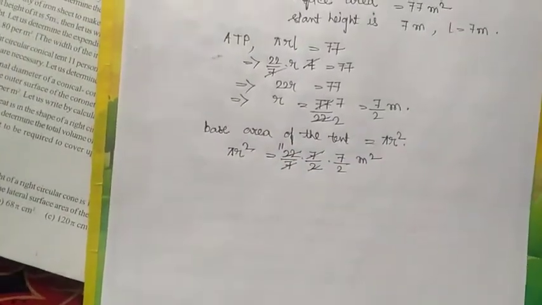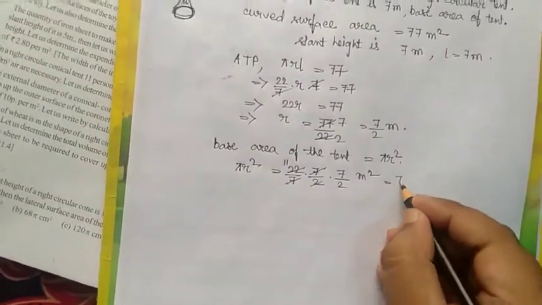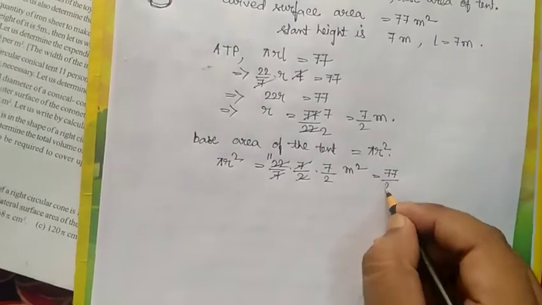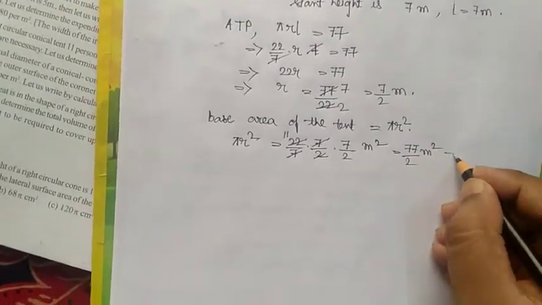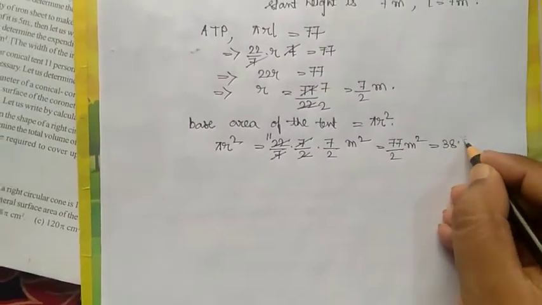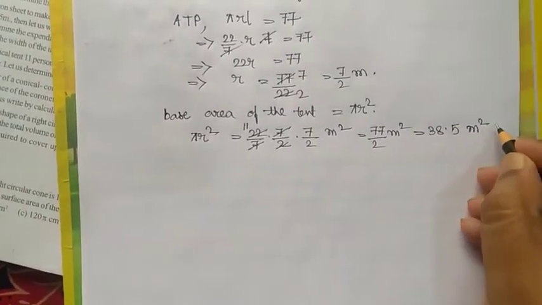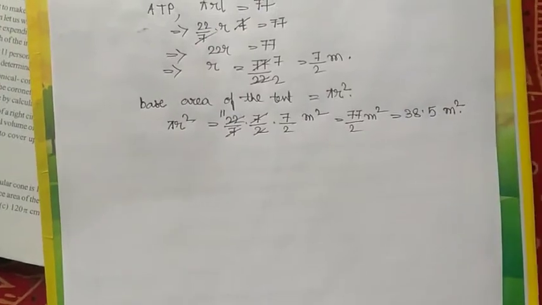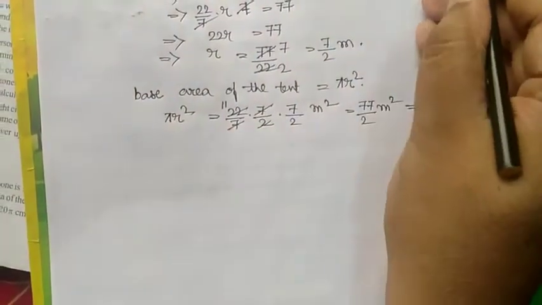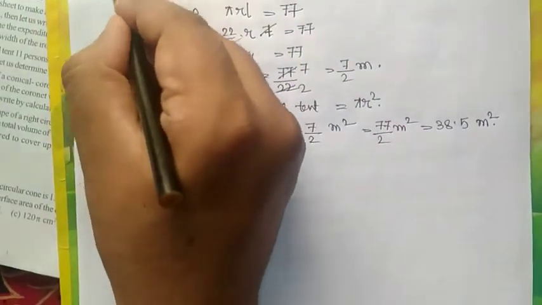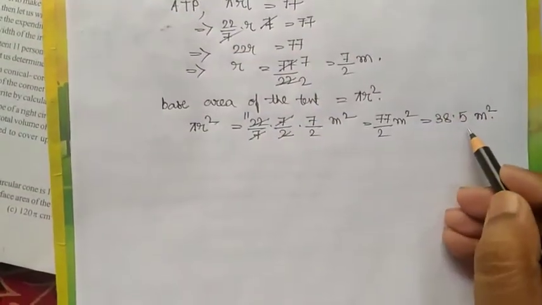So we get 7 into 11, that is 77 by 2 meter square, equal to 38.5 meter square. So this is the answer: the base area of the tent is 38.5.